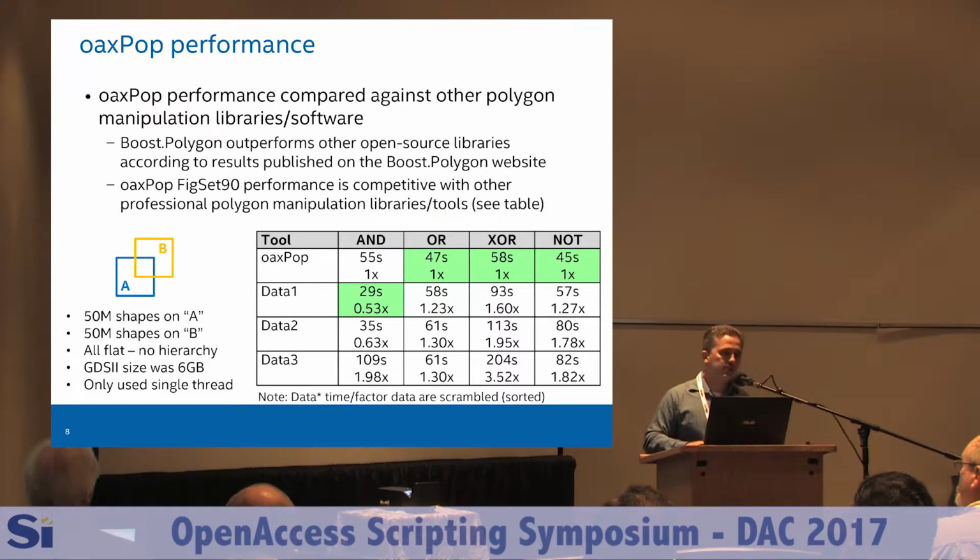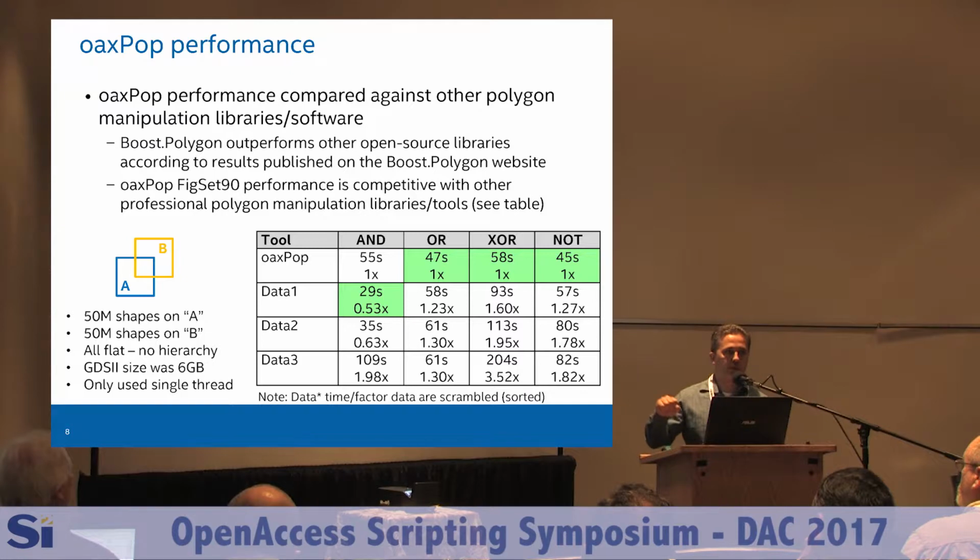As far as performance is concerned, this is always a big question on people's minds, especially when we deal with very large databases. When the Boost Polygon contribution was made, that was already thought about, and since then further performance improvements have been made. There are different buckets within oaxPop.